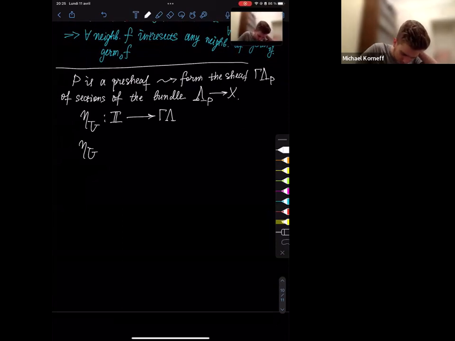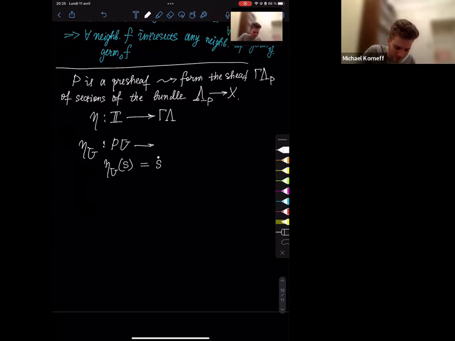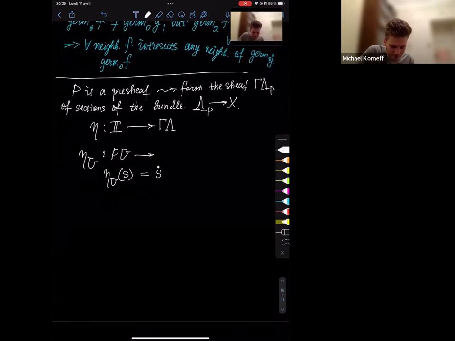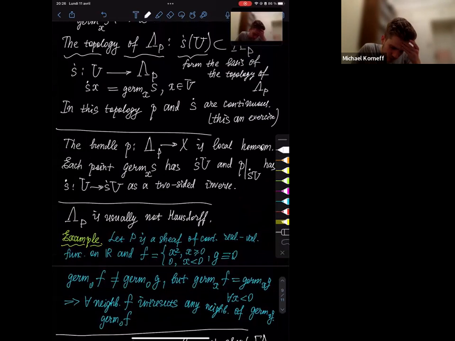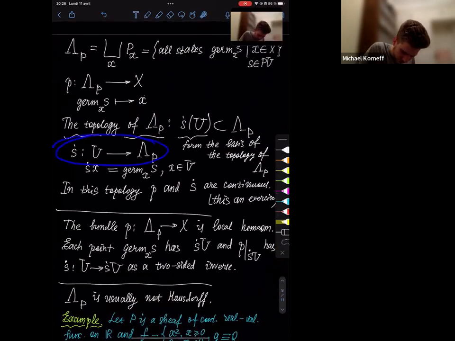for any P and for any U, we have that eta U of the function S equals germ of S, S dotted. S dotted is the following function, which associates for each x the germ of S at the point x.